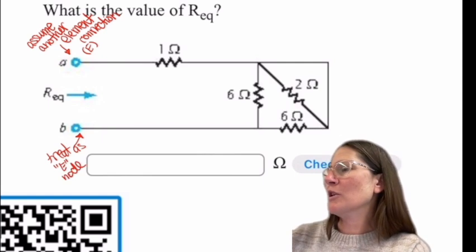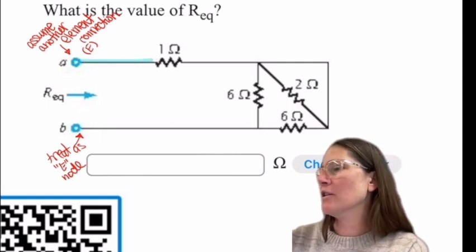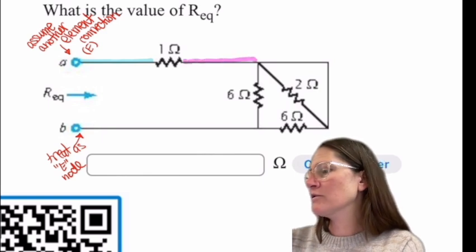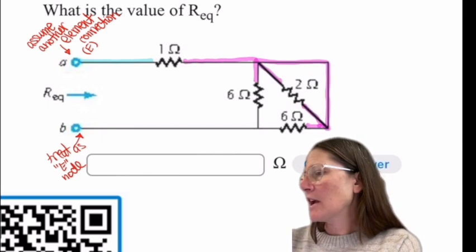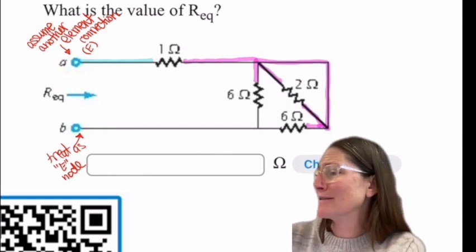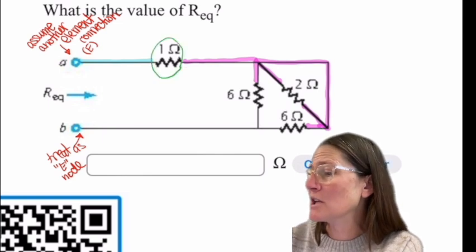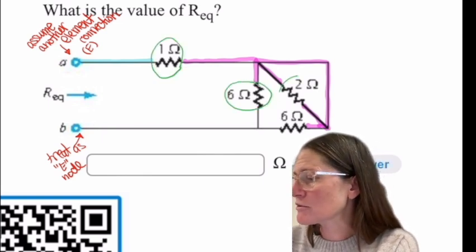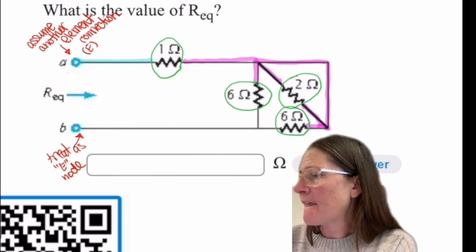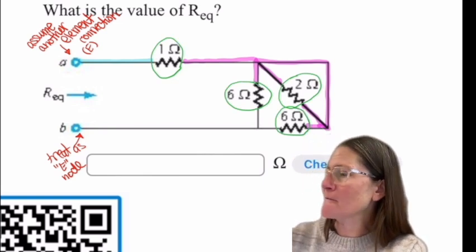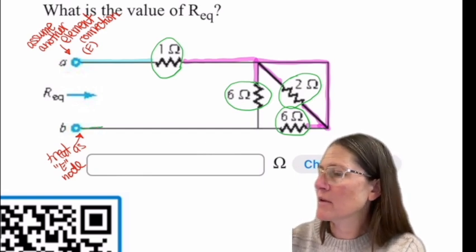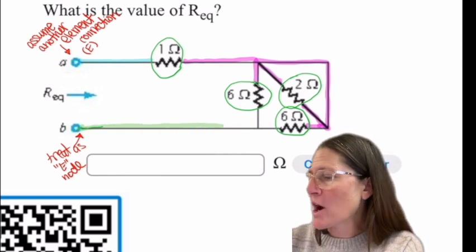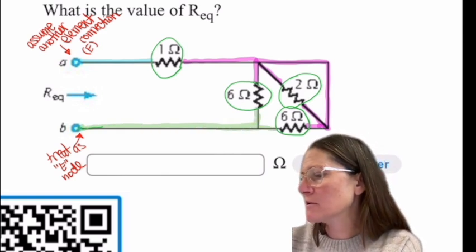So then I'm going to highlight all of my nodes. And again, I forget to do this, but if you need, circle the elements first. And then draw along a wire till you hit an element.